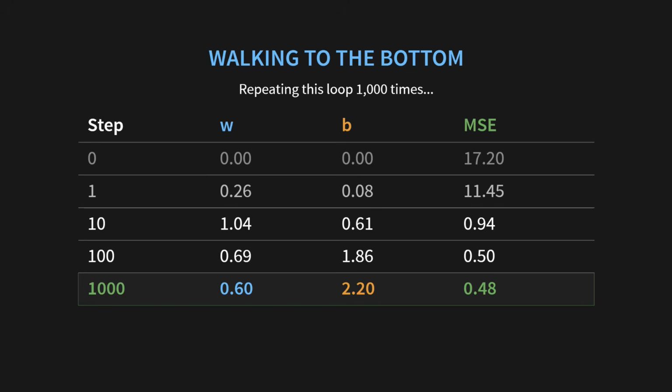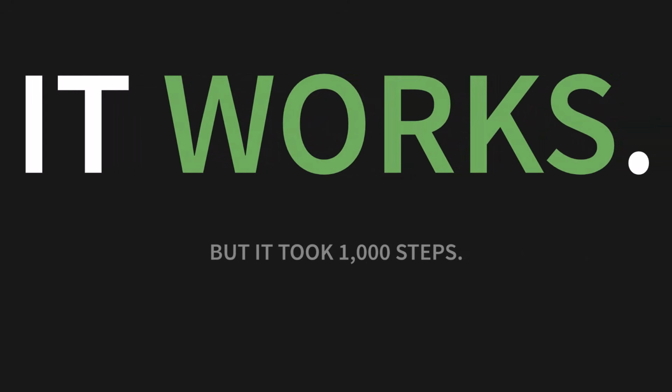And by the time we hit step 1000, our parameters have settled. W is 0.60, B is 2.20, and the MSE is 0.48. We found it. We found the optimal line. Y equals 0.6x plus 2.2. So, it works.